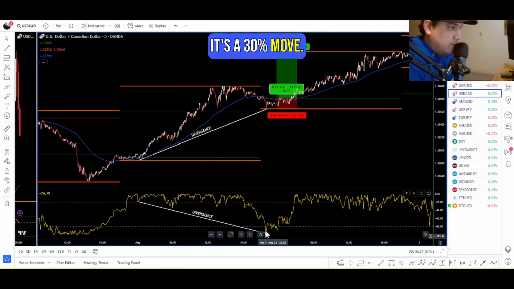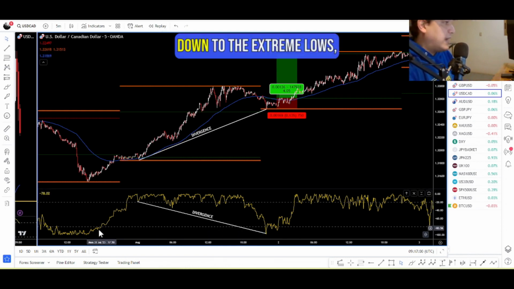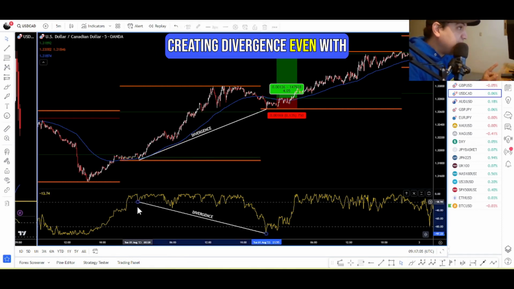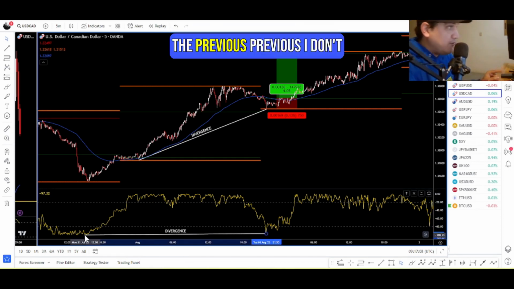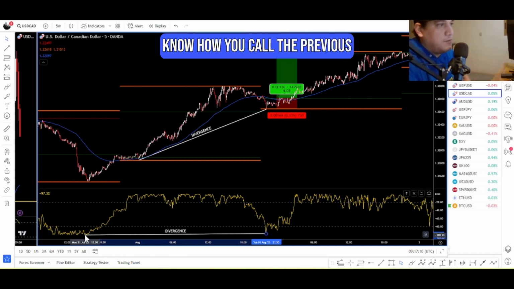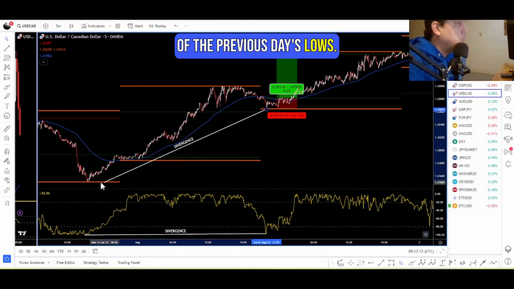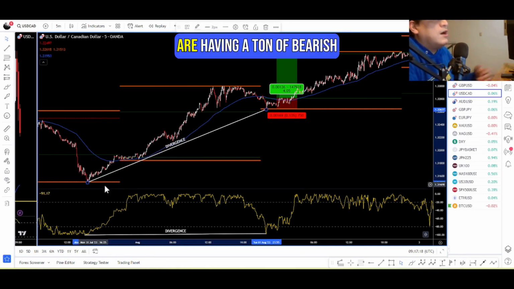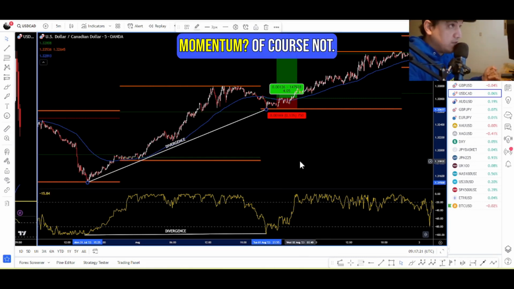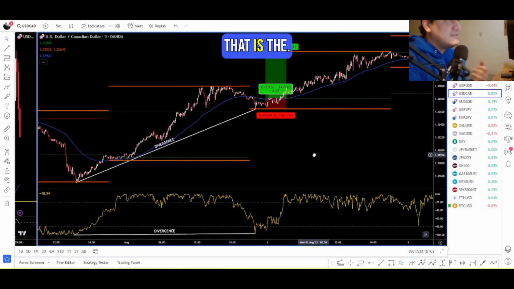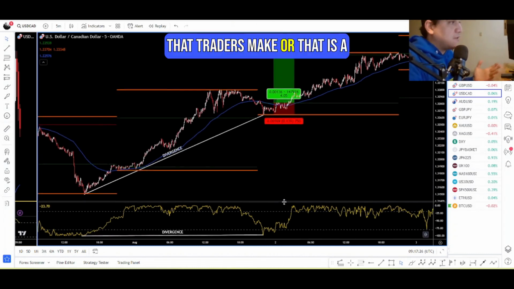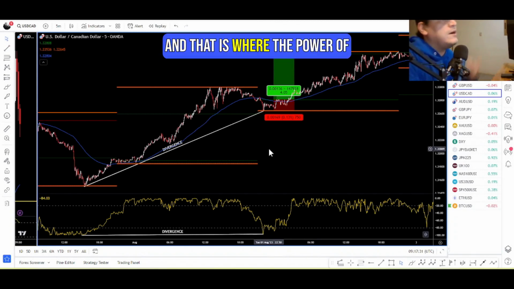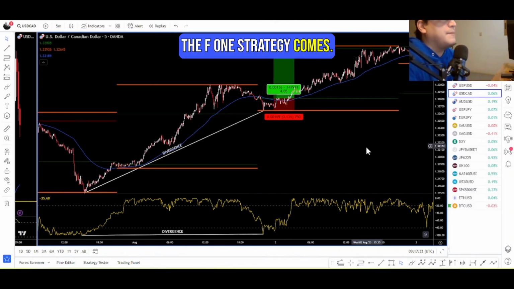It's a 30% move, whilst the oscillator came back down to the extreme lows, creating divergence even with the previous, I don't know how you call it, the previous of the previous day's lows. Now, does this tell you that we are having a ton of bearish momentum? Of course not. That is the trap, or that's a mistake that traders make when it comes to reading oscillators. And that is where the power of the F1 strategy comes.